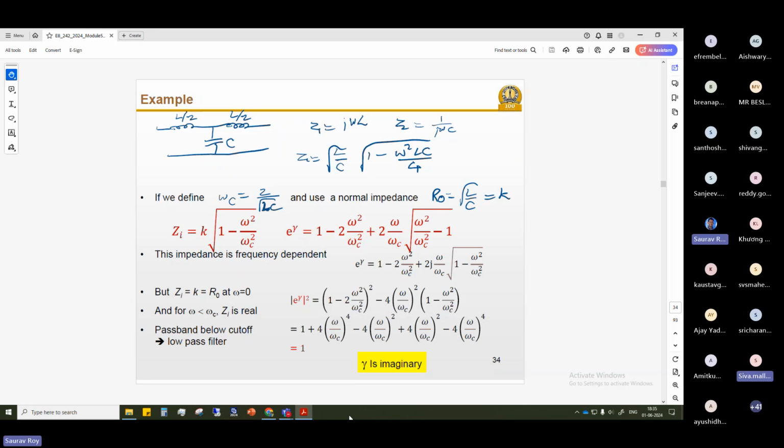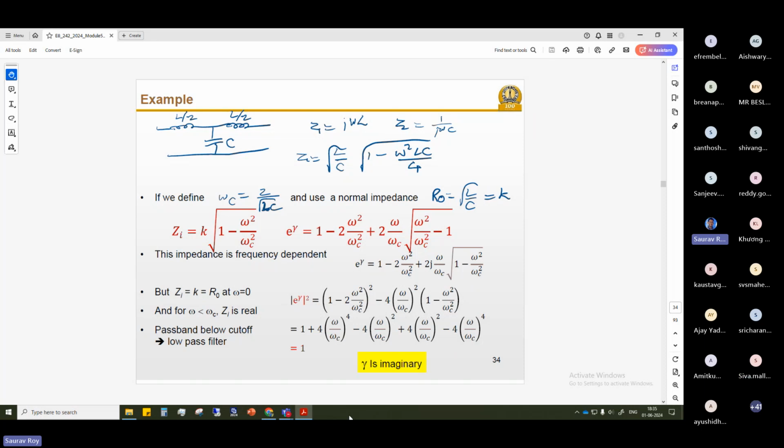That is for the resistance. But I am saying from the microwave circuit theory, or the microwave propagation domain, you know what gamma is? Gamma is alpha plus j beta. If gamma is real, the wave is not propagating.